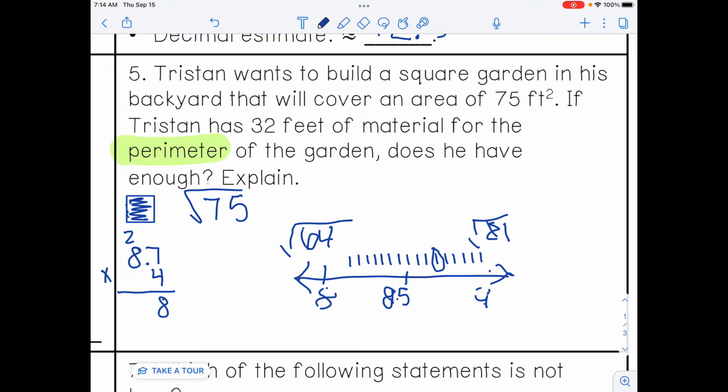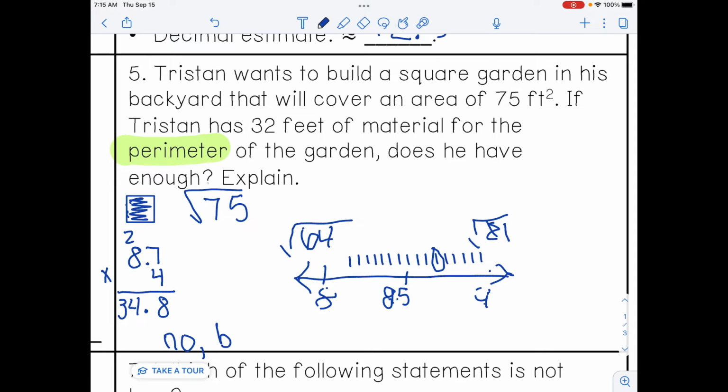Carry the 2. 8 times 4 is 32, plus 2 is 34, decimal, so 34.8 roughly. If I need to be at 32 feet, do I have enough materials? And the answer is no.